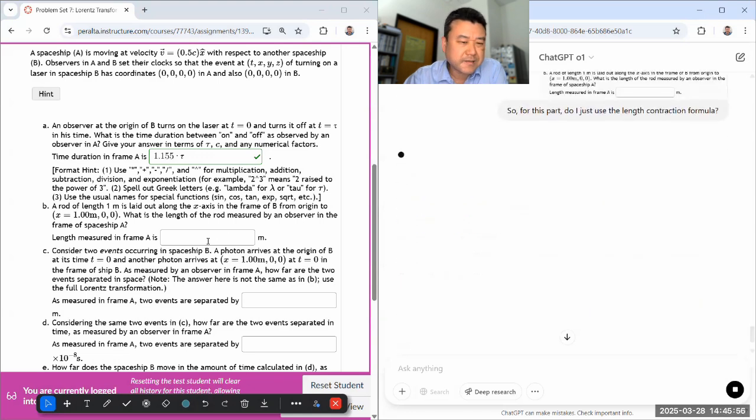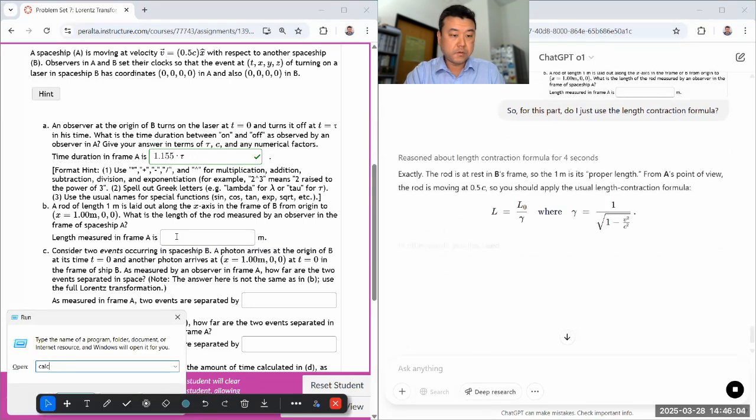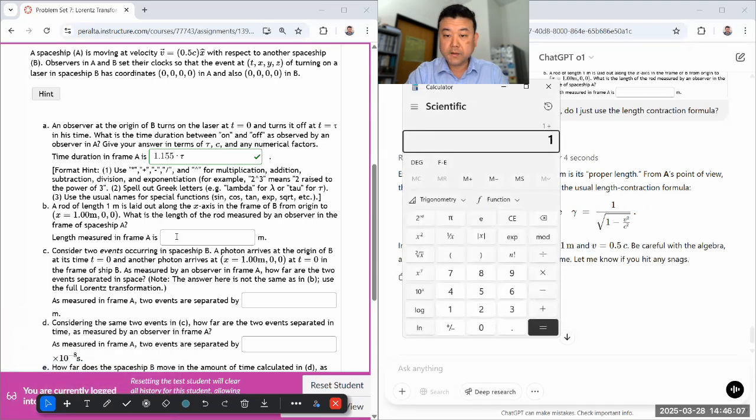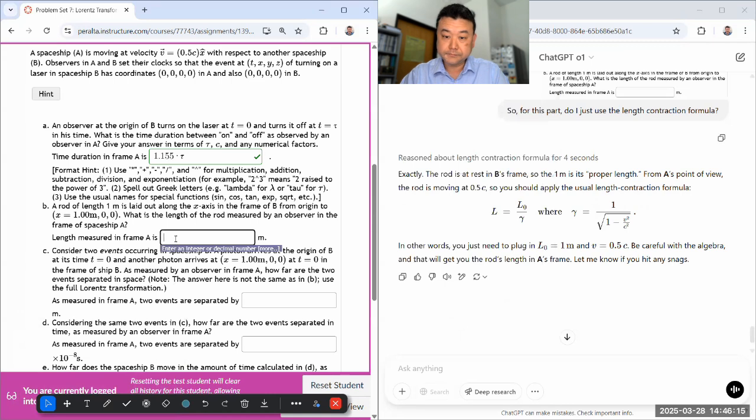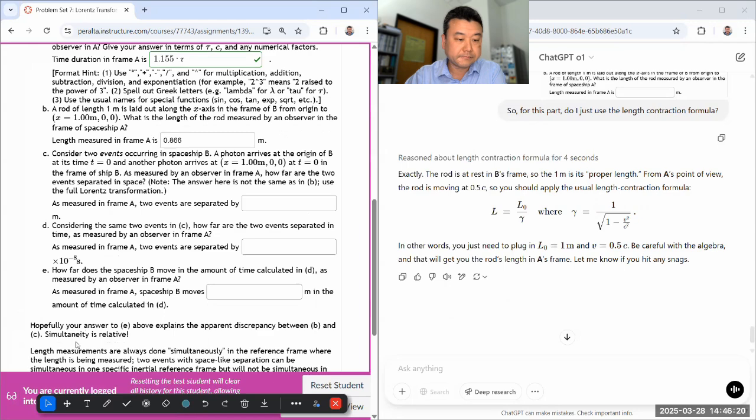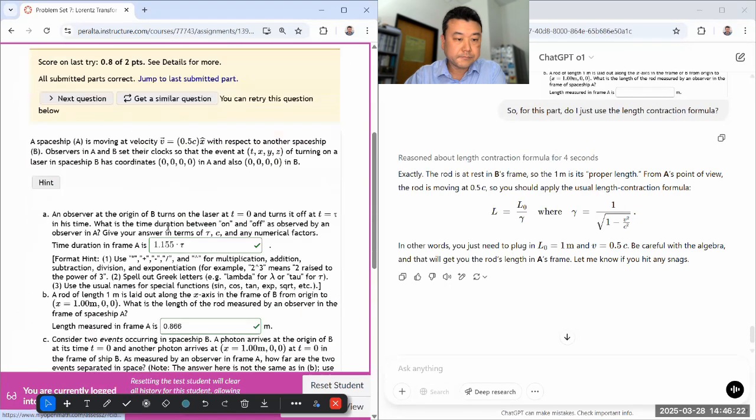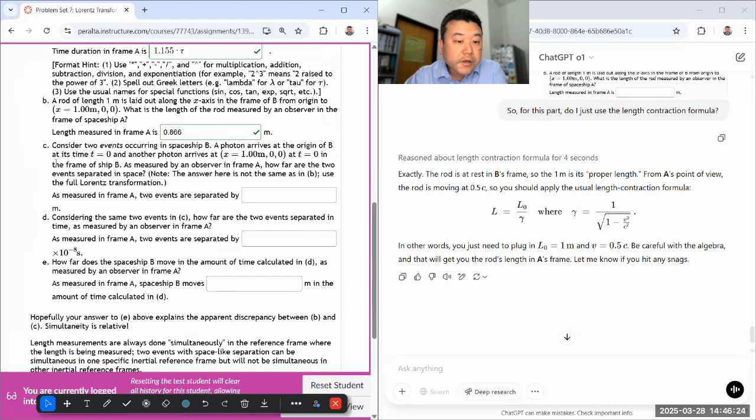It should say yes. So let me do that. I can do 1 divided by 1.155, 0.866. All right. There ought to be some opportunity to make a mistake.